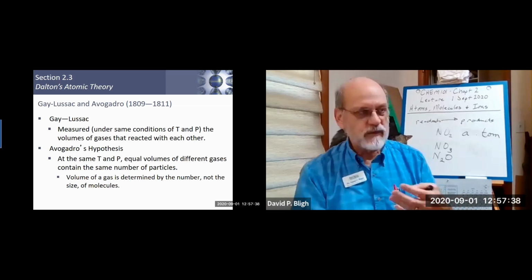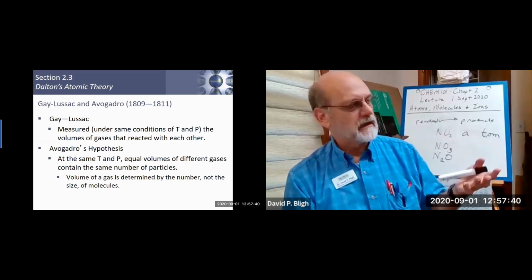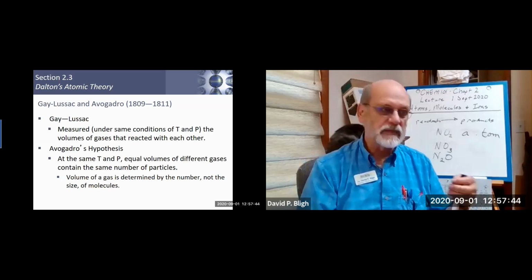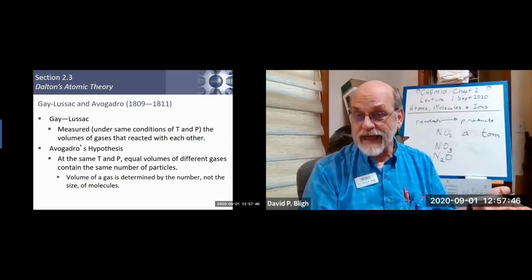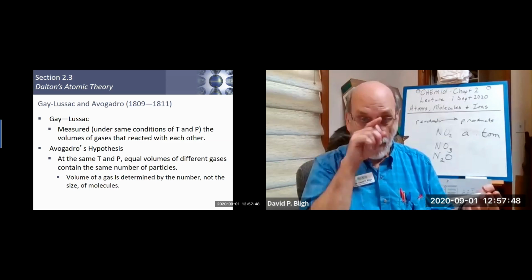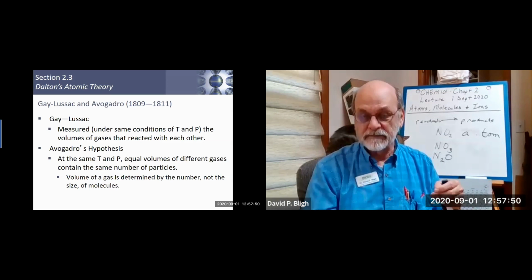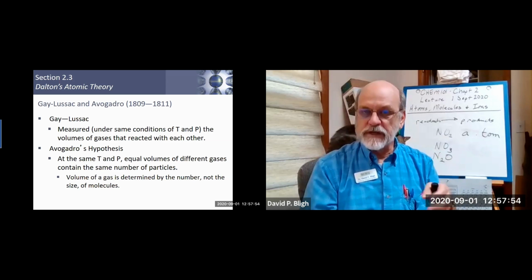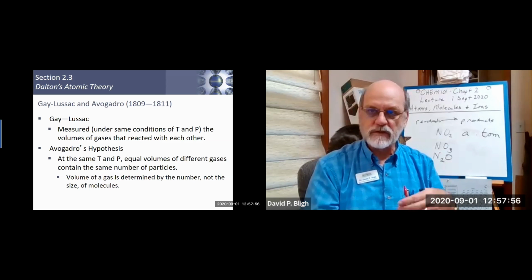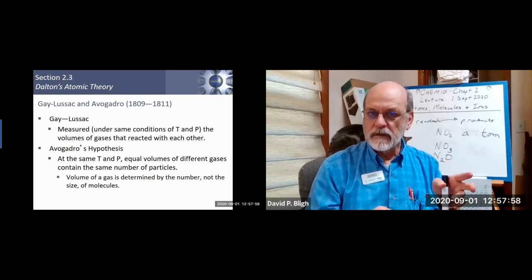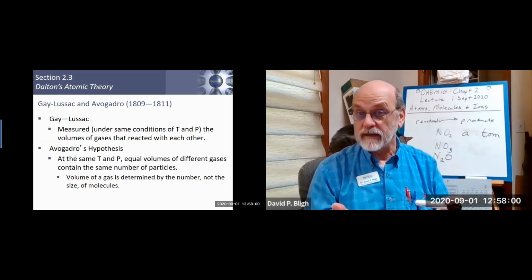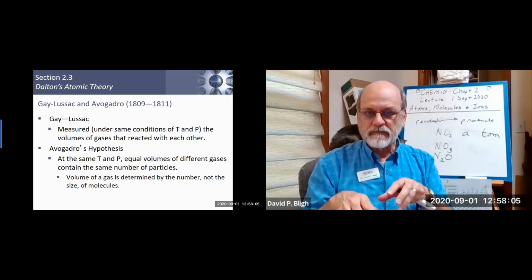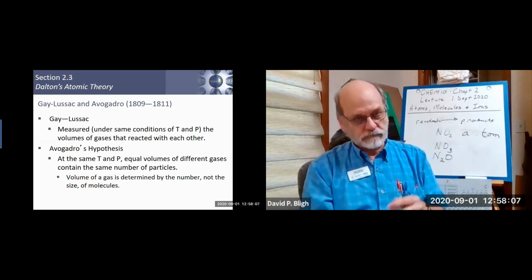You might have hydrogen gas, which was fairly easy to produce, or carbon dioxide gas, which was easy to produce in the laboratory. And investigating either one of them under different conditions of temperature and pressure and volume, they seemed to behave the same way. So it was convenient to investigate gases first.